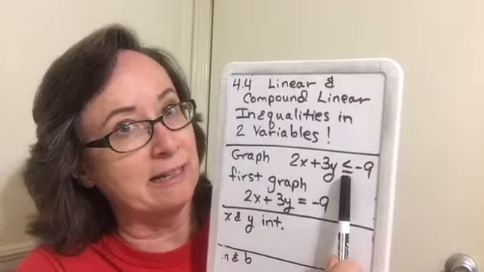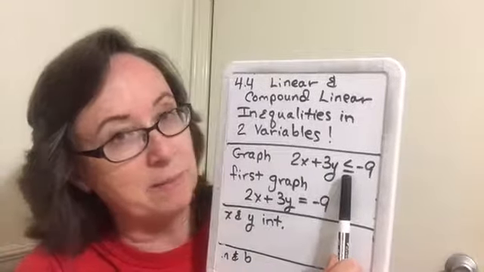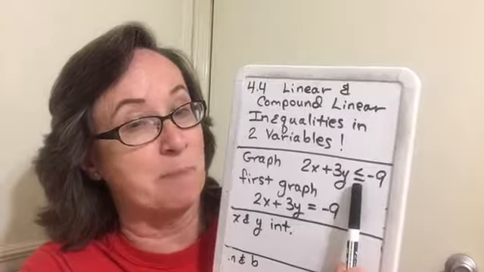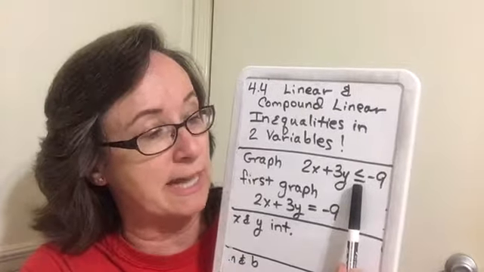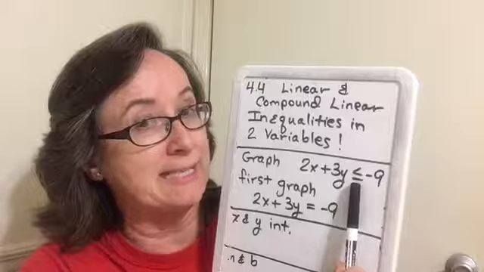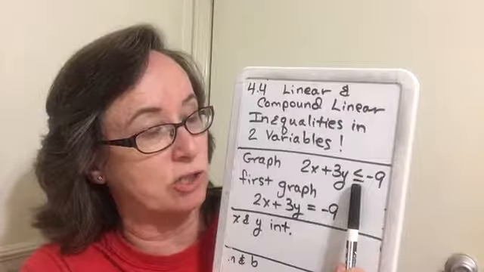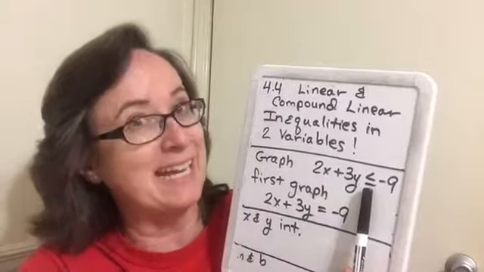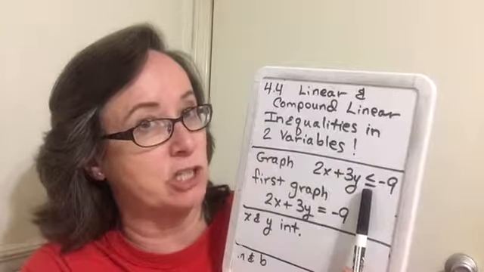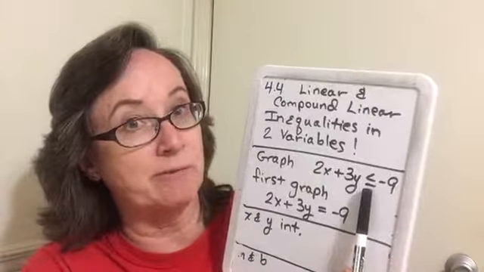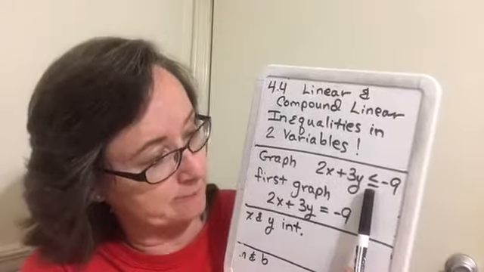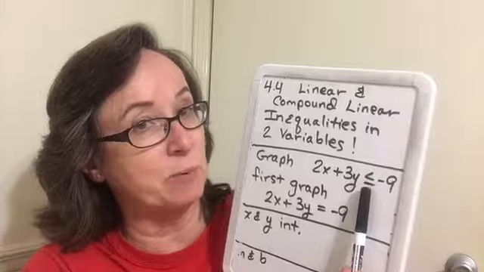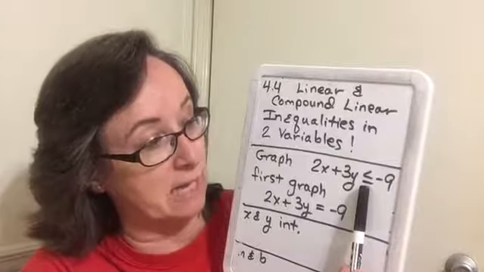If there's not a little equal there, it means that the boundary line is exactly that. It's a boundary to the solution set, but no part of the line is actually a solution to the inequality. And then lastly, we will have to shade. And to do that, we will find a test point. We usually use 0, 0 as a very easy test point if it is not on the line that we're graphing.